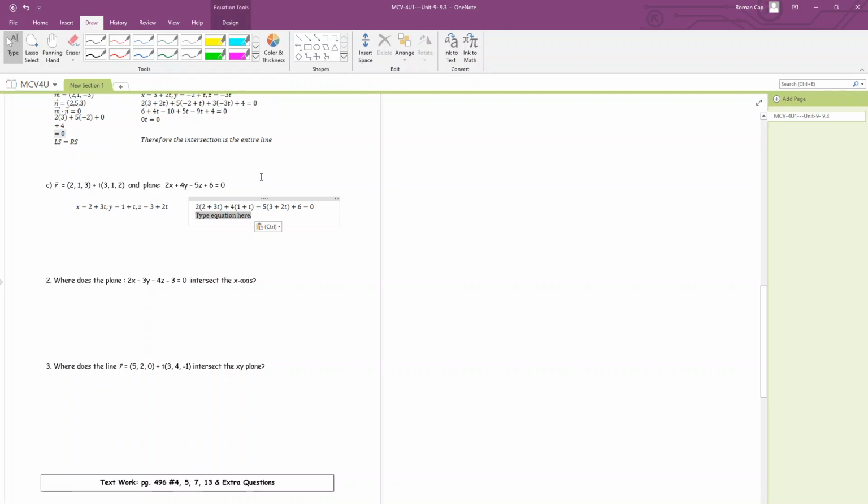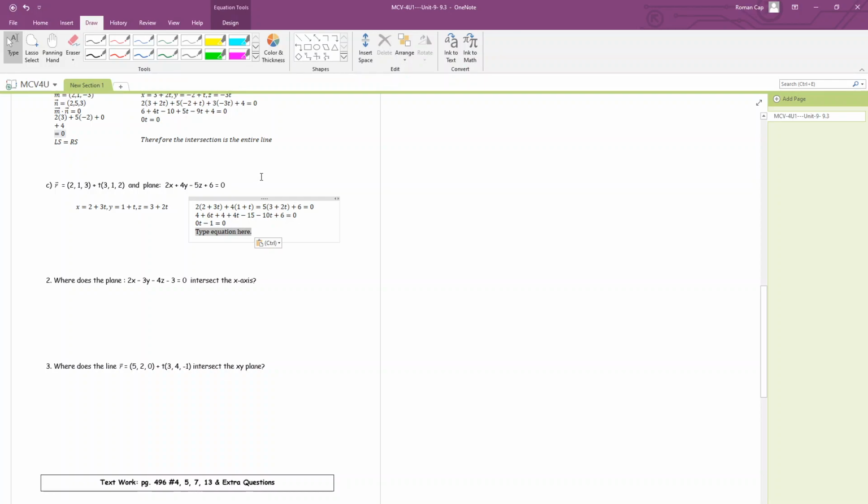Now we're just going to keep simplifying it again like we did the previous time. 4 + 6t + 4 + 4t - 15 - 10t + 6 is equal to 0. Simplifying this further, we're going to get 0t - 1 = 0.